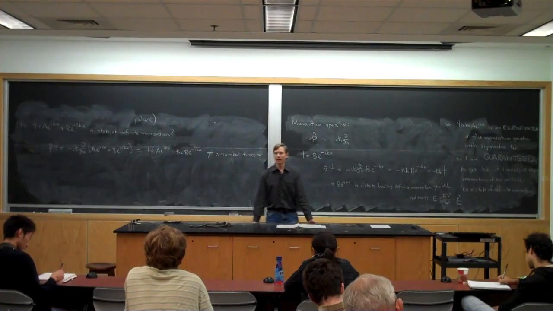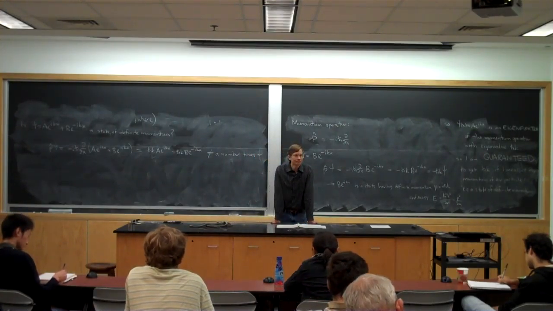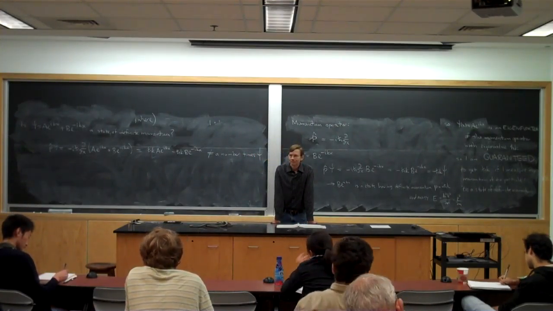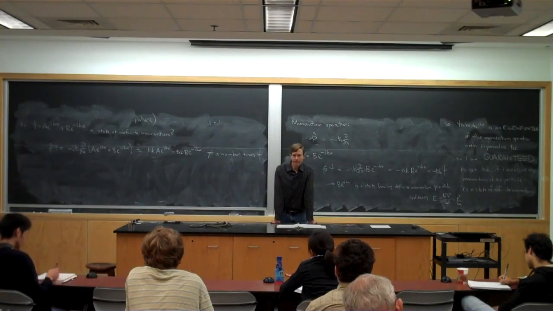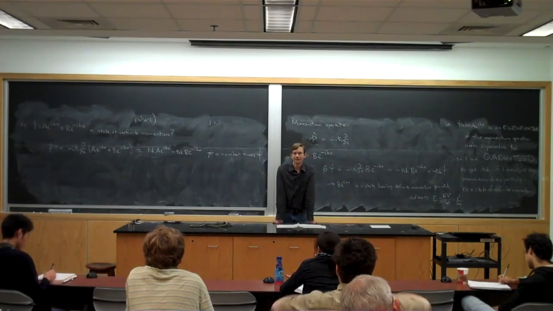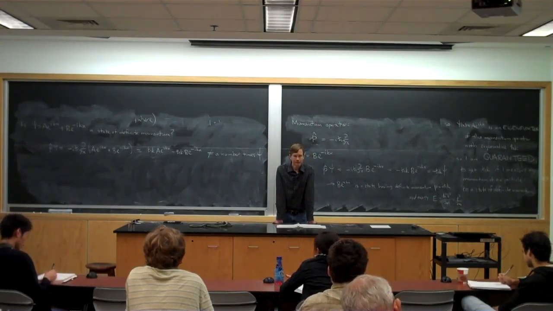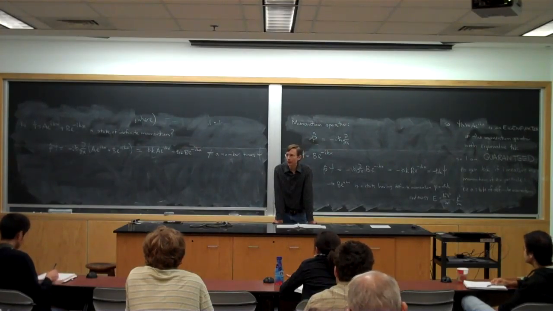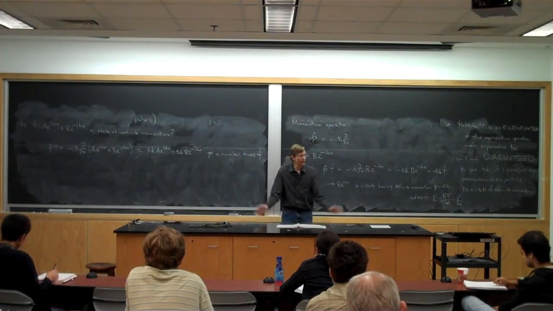So if I measure the momentum, what values could I get? Not a or b, that's the amplitude. I could either get h bar k or minus h bar k, just like we've seen before.